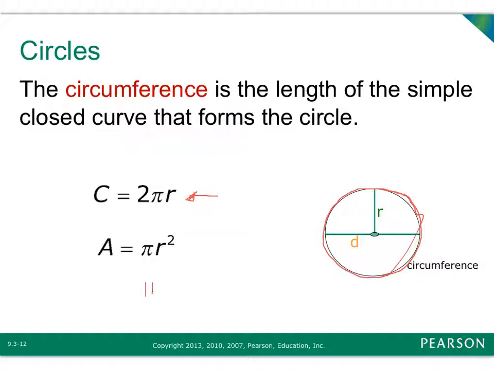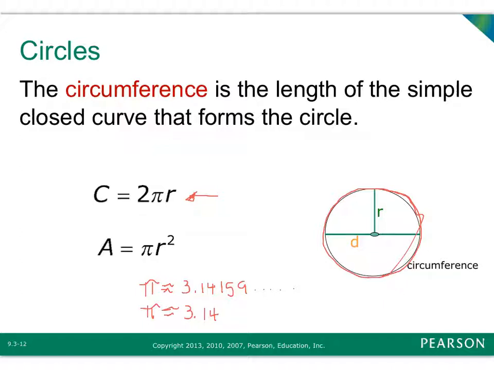Pi, which we call a transcendental number, is approximately 3.14159... In other words, it goes on non-repeating forever. However, we're just going to use 3.14 as our approximation to pi.